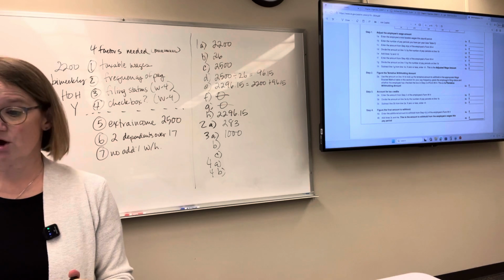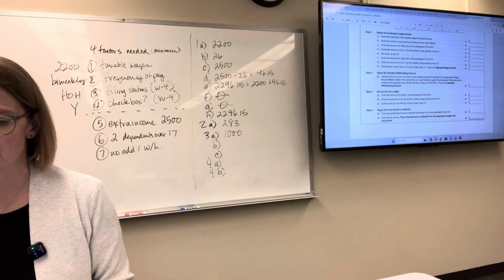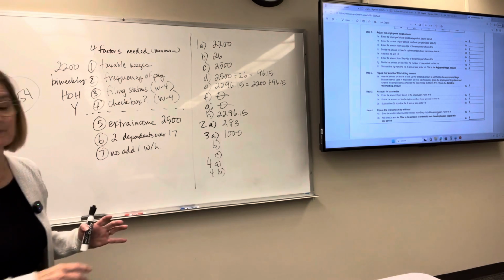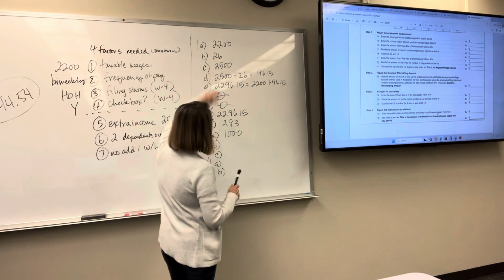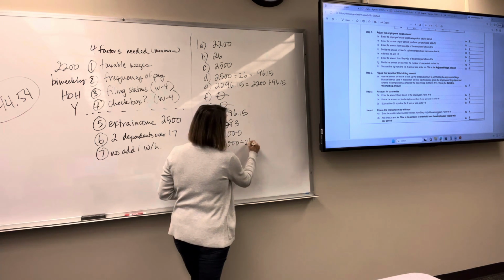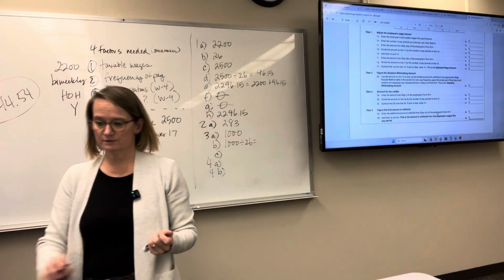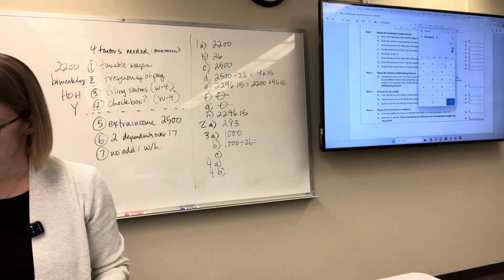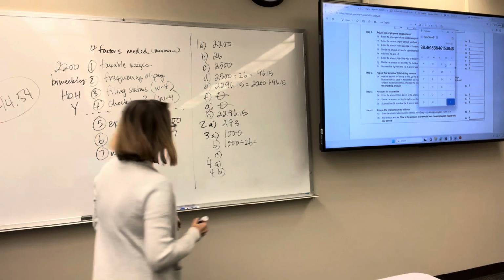I said there's going to be a lot of toggling back and forth and scrolling up and down in this. Divide the amount on line 3A by the number of pay periods, right? 1,000 divided by 26 pay periods. 38.46.